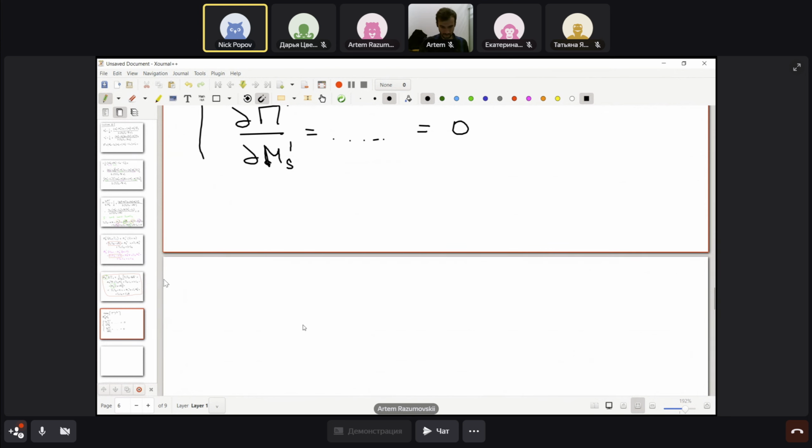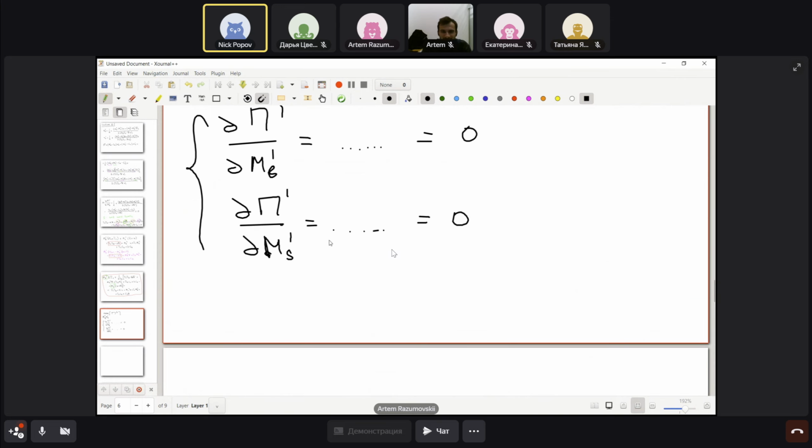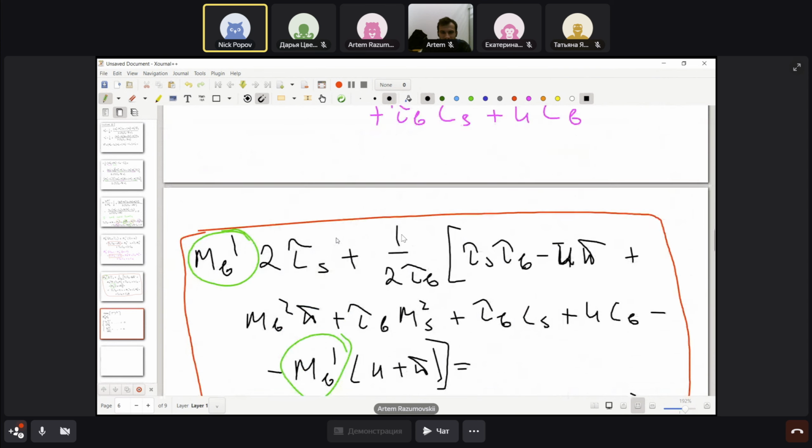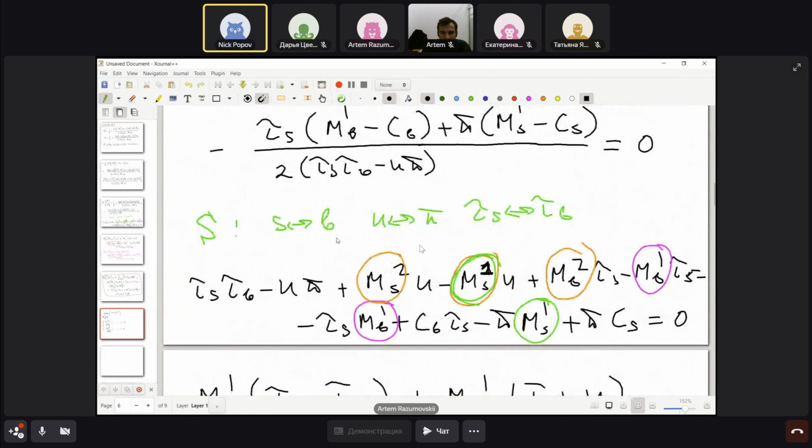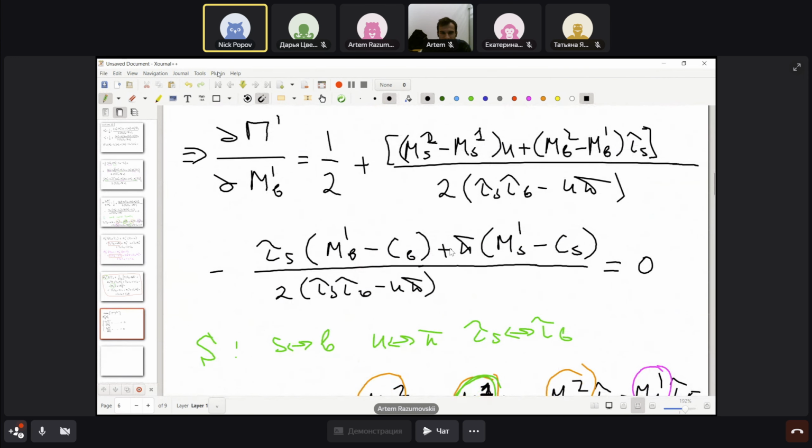Yes, I understand this theoretical concept, but in our solution, where is the first one and where is the second one? I understand that we solved it for buyers first. And then for sellers you need to substitute the indexes, U to P and vice versa, and tau S for tau B. And where is this formula for sellers?